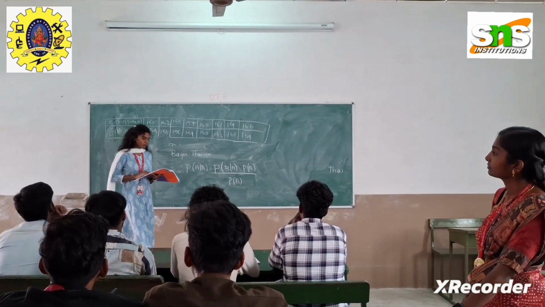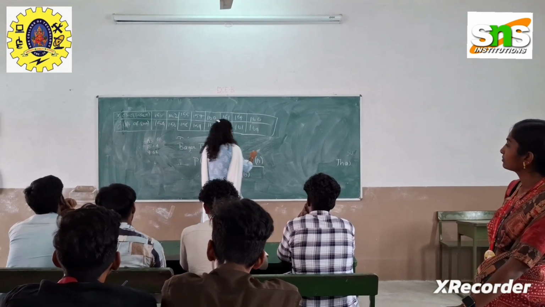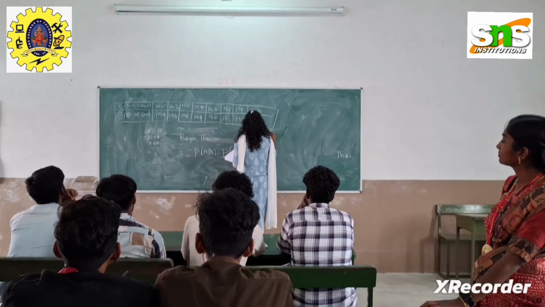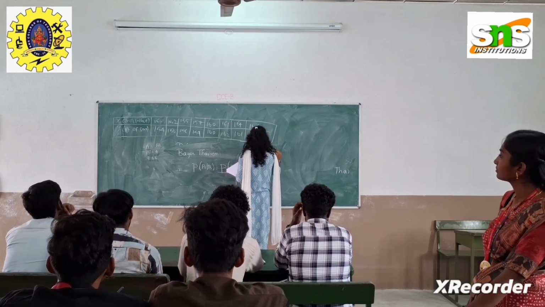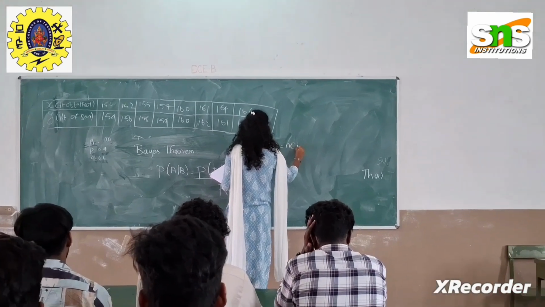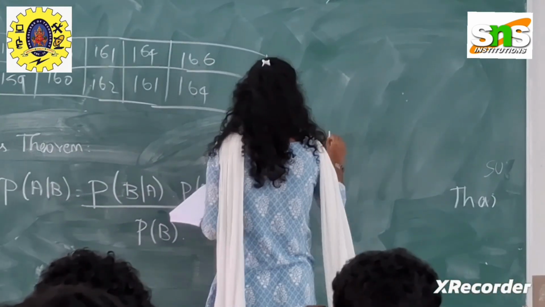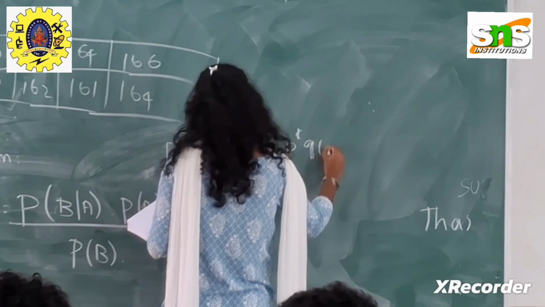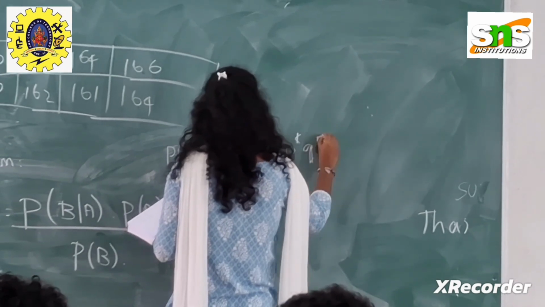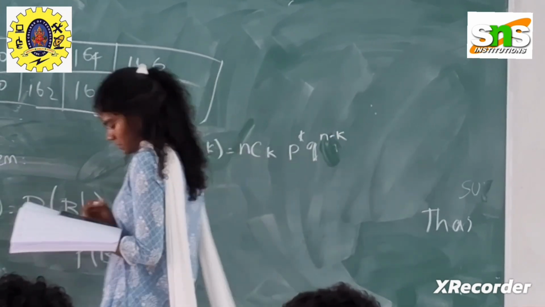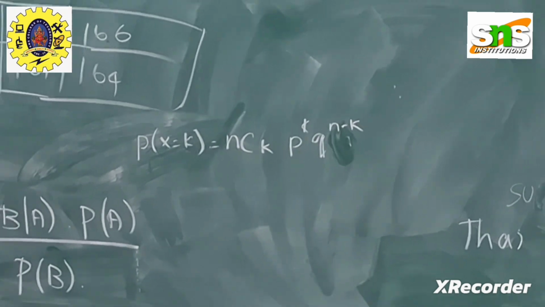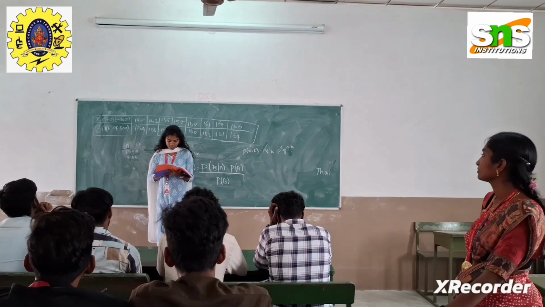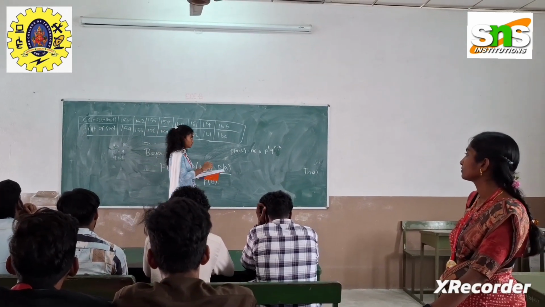So the formula for the binomial distribution is... In this question, they have given x equal to 40, so we substitute x equal to 40.